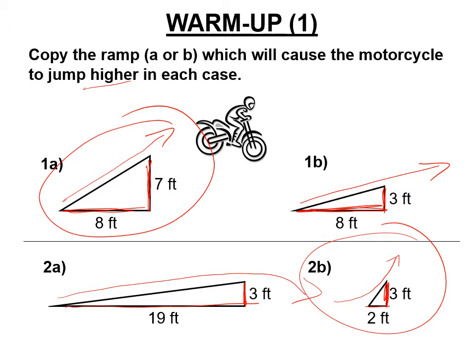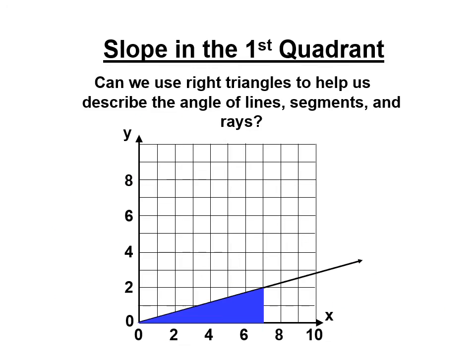Now, this is not a lesson about motorcycle jumping. But the point of this is that both of these numbers, how high the ramp is and how long the ramp is, are important to answer this question. And we're going to make some mathematical concepts based around that. So we're going to be learning about slope, and you're going to be drawing some ramps.